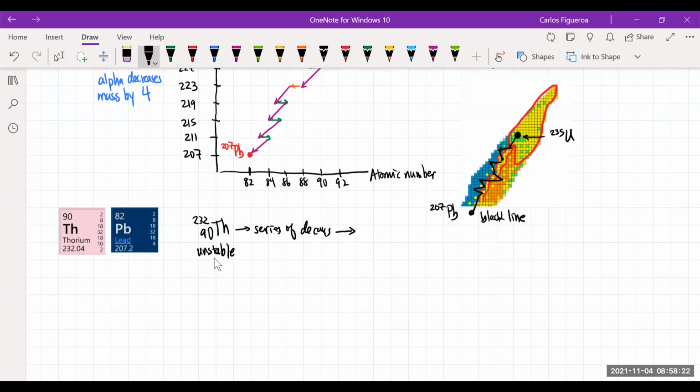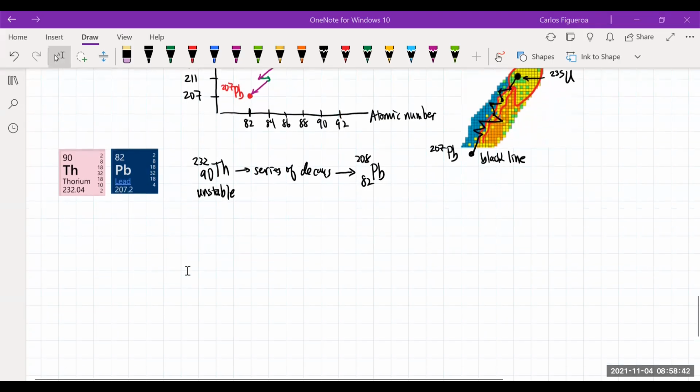And in this case, it does go to lead, but it goes to a different isotope of lead. And so what you're seeing here is that now I have a complicated process. And look at this. This is a decay chain.